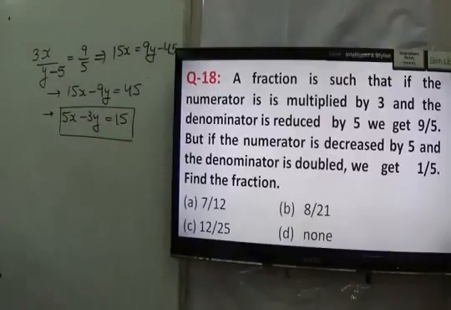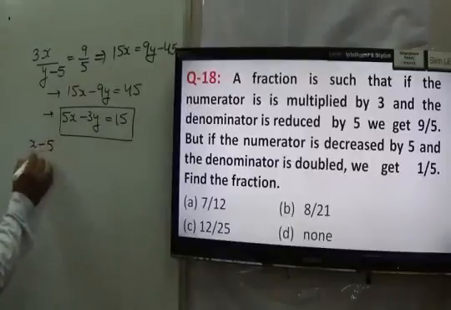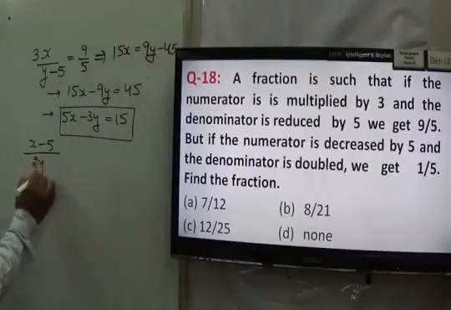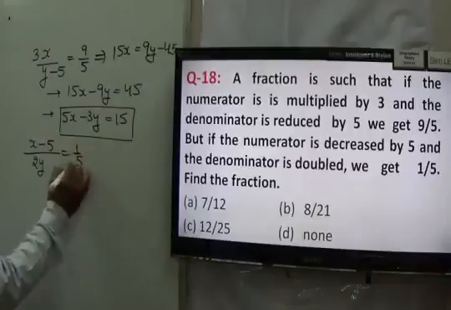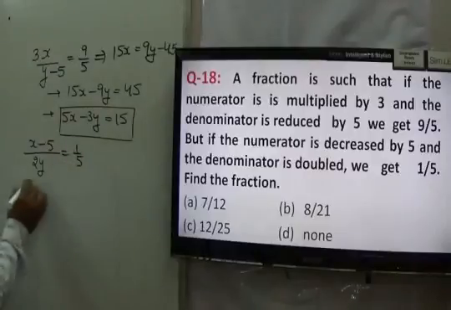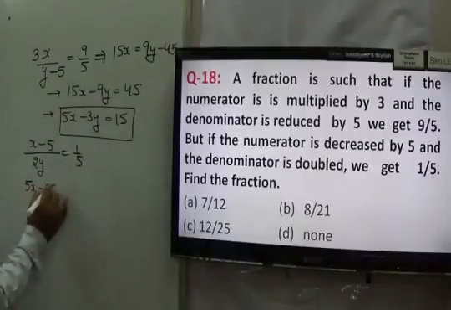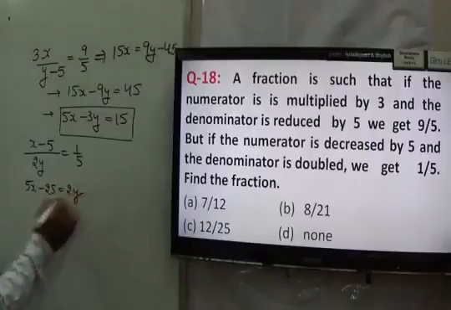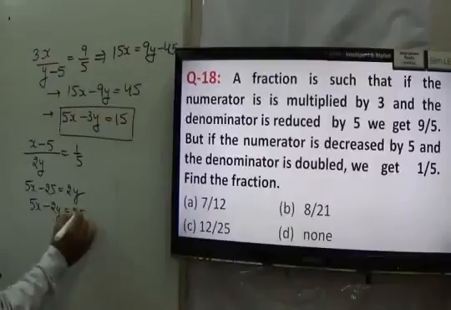Now we have the second condition. If the numerator is decreased by 5, I may take it as x minus 5, and the denominator is doubled, 2y, the fraction becomes 1/5. Now I can take it as 5x minus 25 equals 2y, or you may take it as 5x minus 2y equals 25.